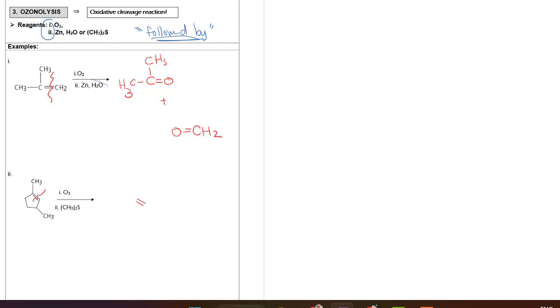Same like before, from cyclic it becomes straight chain, but if you cannot see the straight chain, you draw like this. This one will break, and both carbons will receive a double bond O.